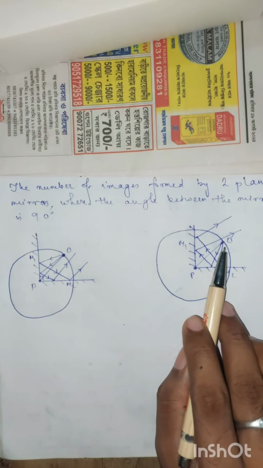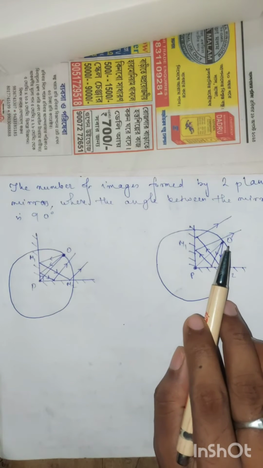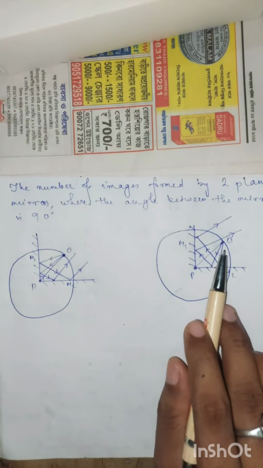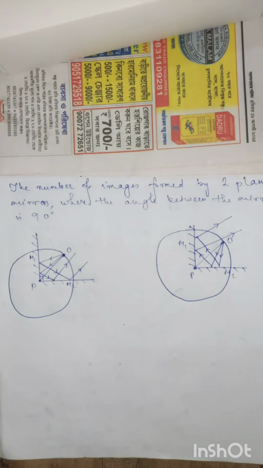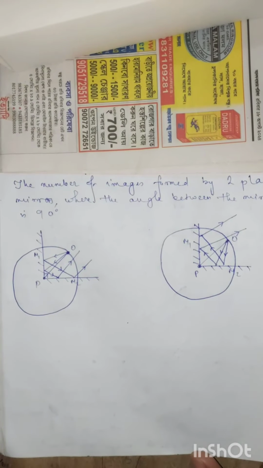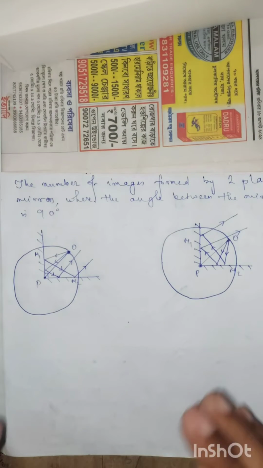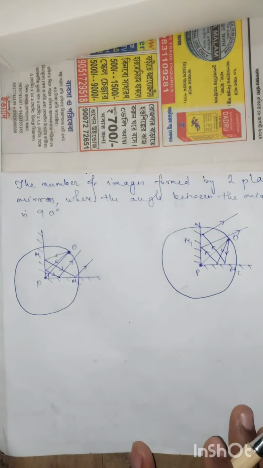light rays coming out of O can get reflected by mirror 1 and mirror 2 simultaneously, right? These two phenomena are happening simultaneously. I have drawn two separate diagrams only to make you understand.